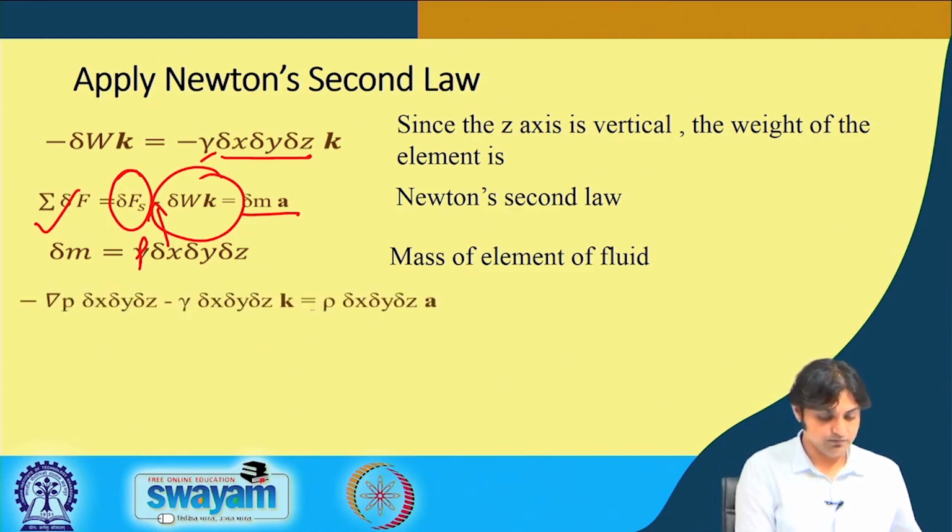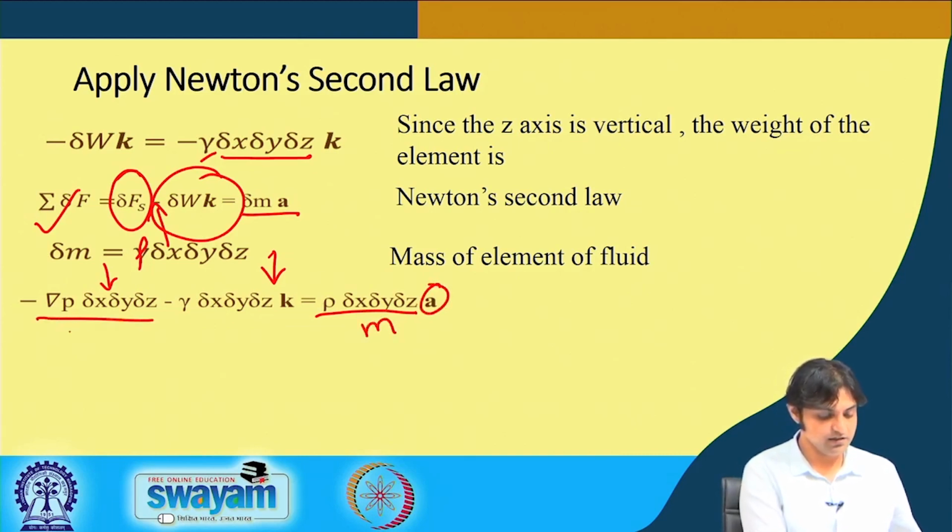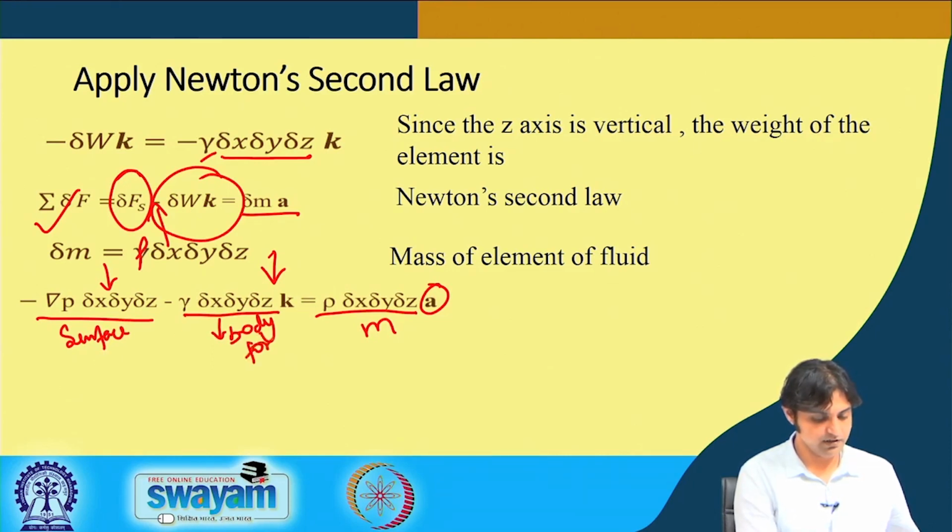So the net force comes to be delta p, delta x, delta y, delta z minus gamma times the volume. This is the pressure force, this is the weight, and this is mass into acceleration. This is the surface force, this is the body force. Okay, very good.